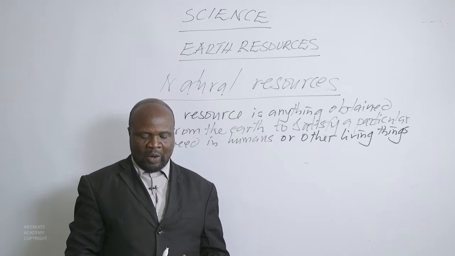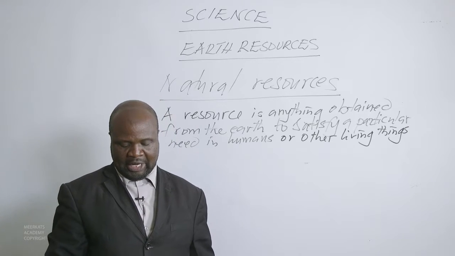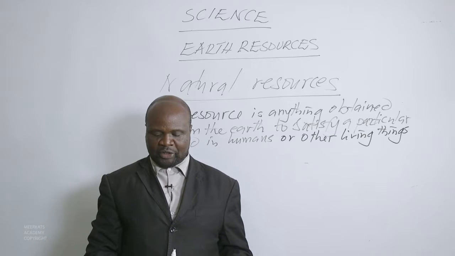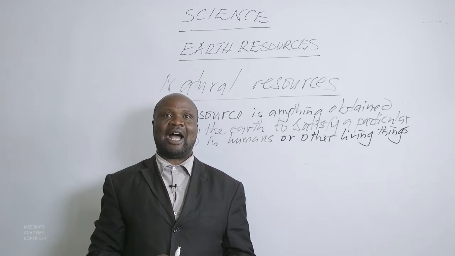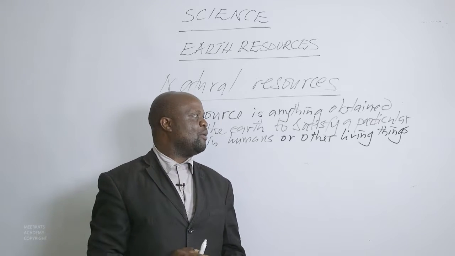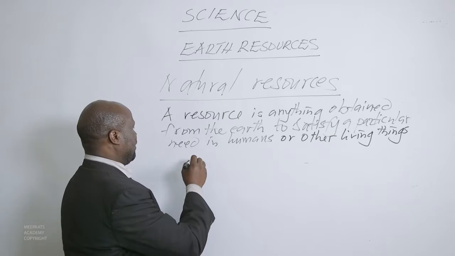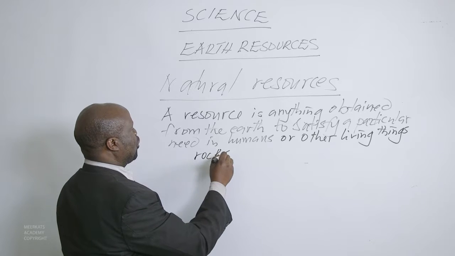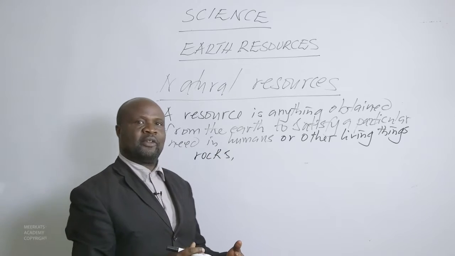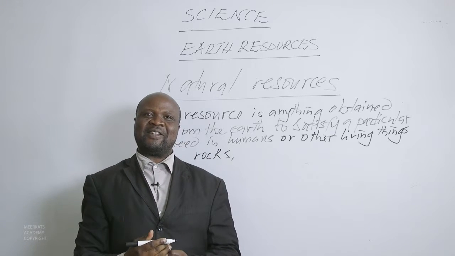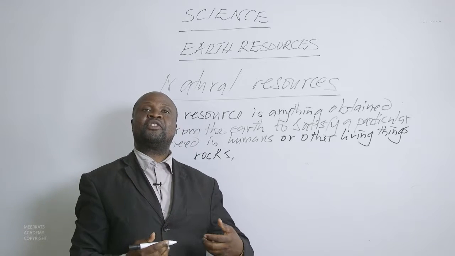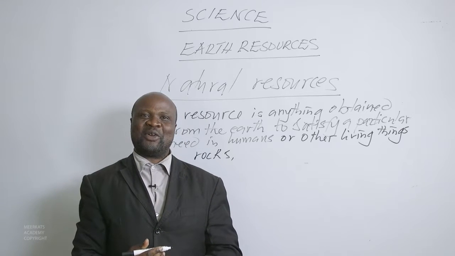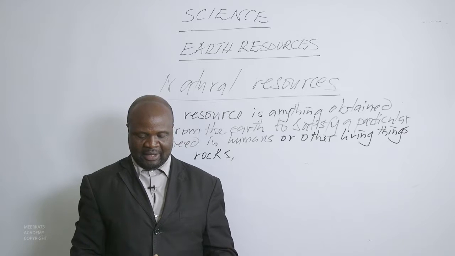Natural resources are substances such as rocks. Rocks are the way they are, but they are very important because from these rocks we can derive minerals, we can get metals that are very important.